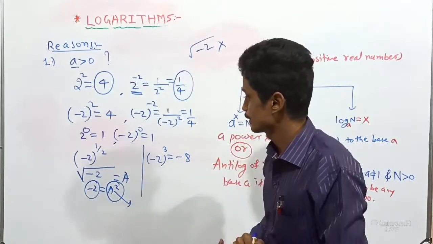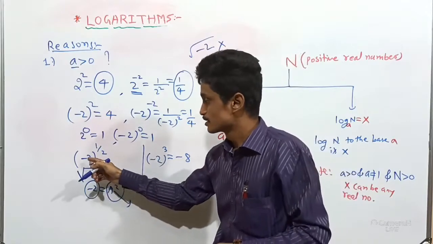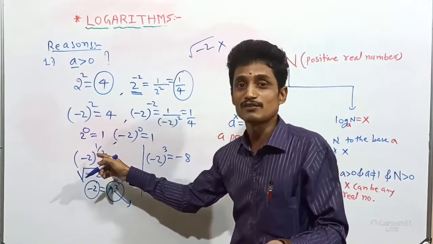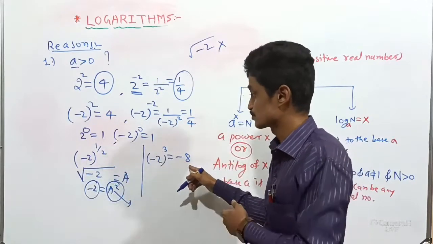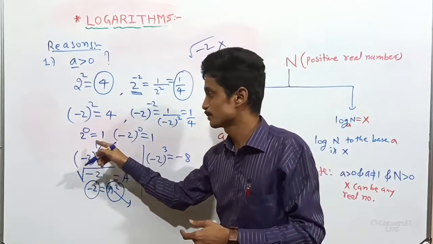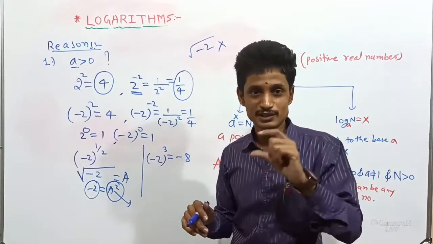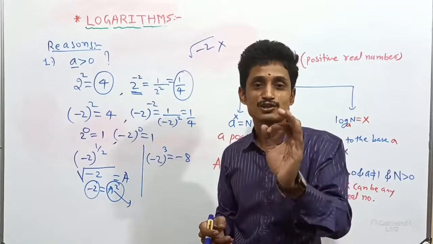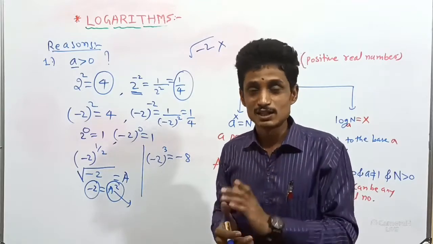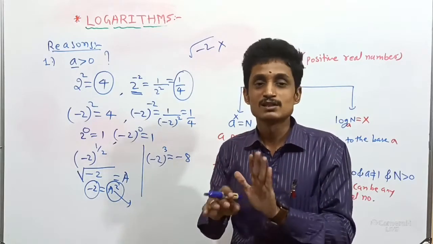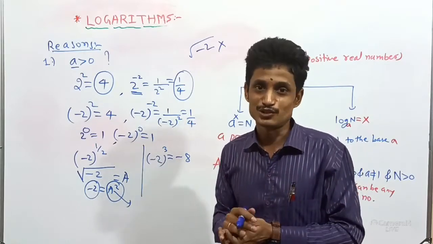But here what are we getting? Some negative number powers are not defined. Some negative number powers are defined, but some are not defined. A statement we can consider should be true in every case. In one case it will be false, so we cannot consider it a statement.